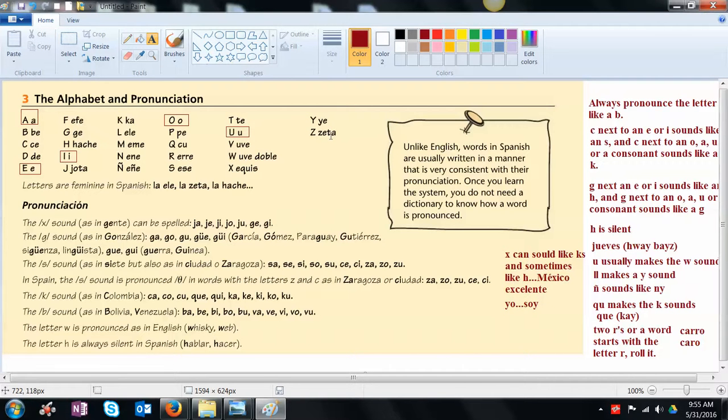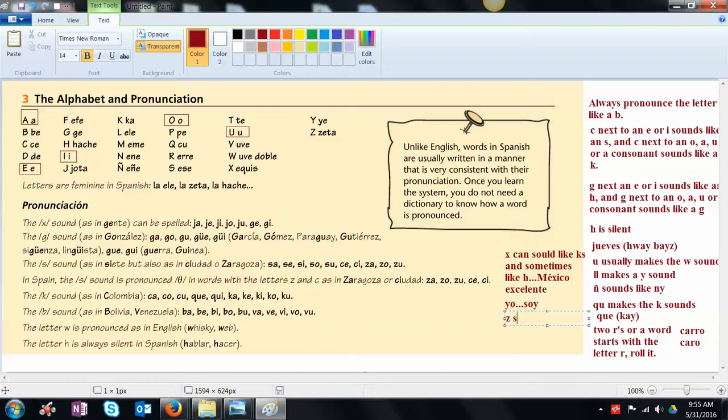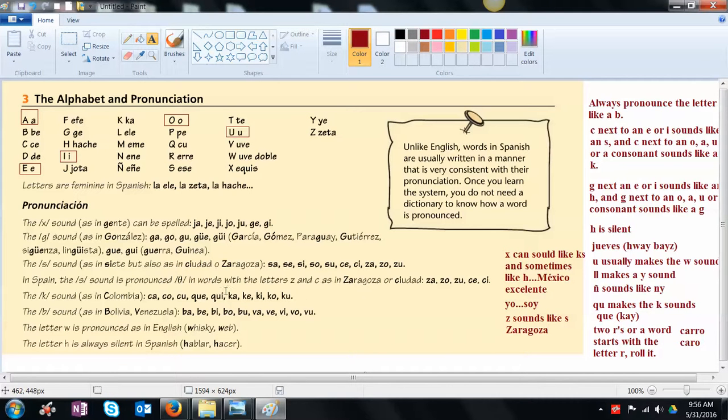Let's see. And zeta, the Z sounds like an S. So for example, here, Zaragoza would be pronounced with an S. You wouldn't say it with a Z sound. Now, I think they're trying to show you the ceceo.